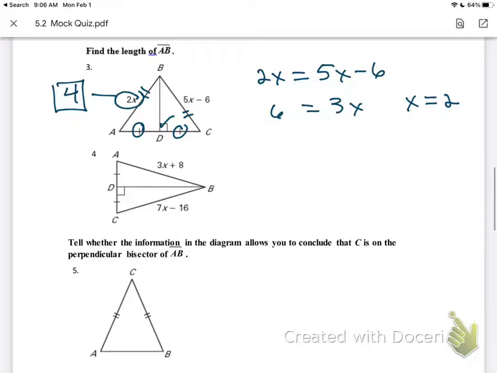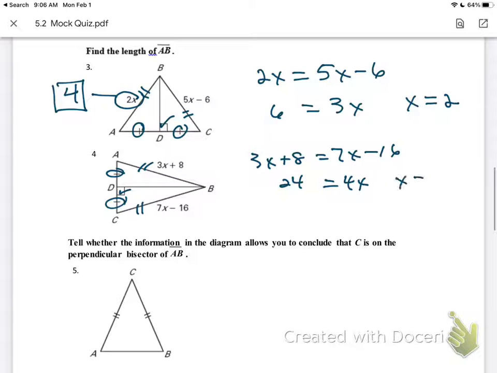Okay, next one. I see I have a right angle and I have 2 equal sides. So therefore I can say that 3x plus 8 equals 7x minus 16. So what does that tell me? That tells me if I bring the x's over here, that's 4x equals, what, 24? 8 plus 16 is 24.